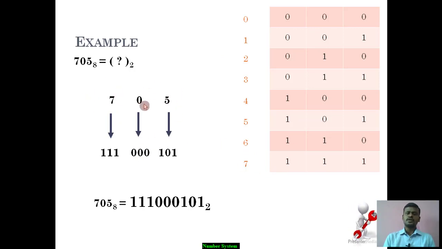So whichever octal number is given in the question, we find the equivalent binary values from the octal table. So that is the final answer, 111 000 101 is the equivalent binary value. This is how we can convert any octal number into a binary number.